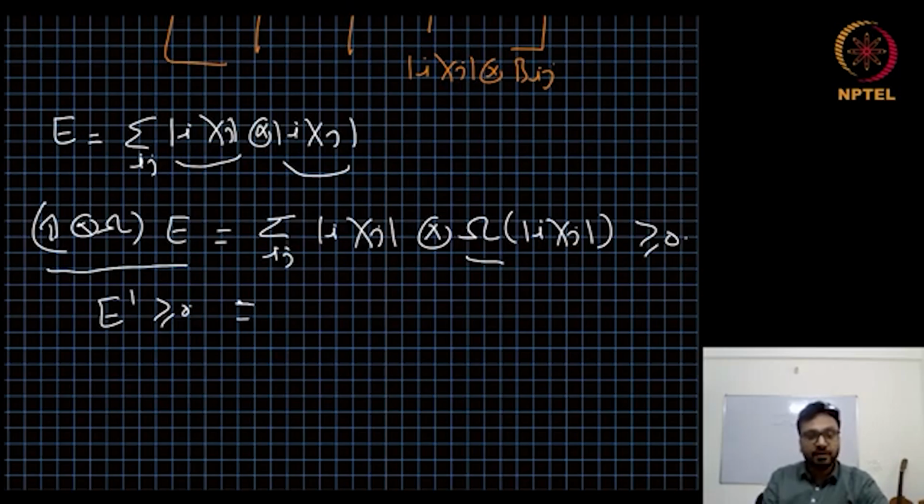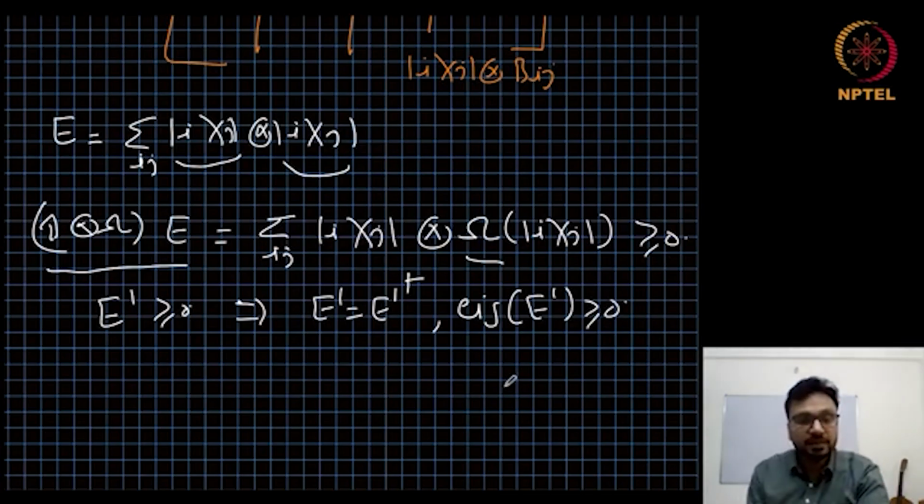The property of a positive operator is that E prime is Hermitian and the eigenvalues of E prime are positive semi-definite. What does it mean?